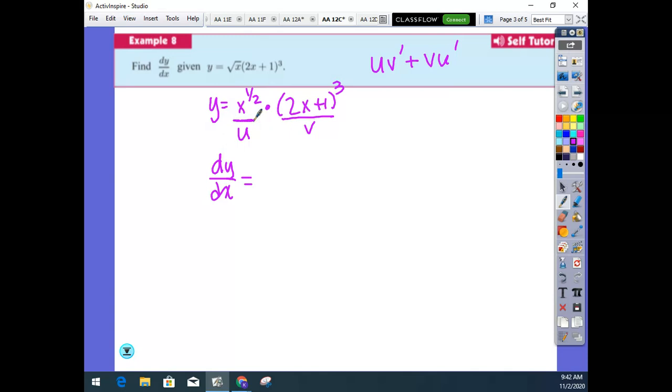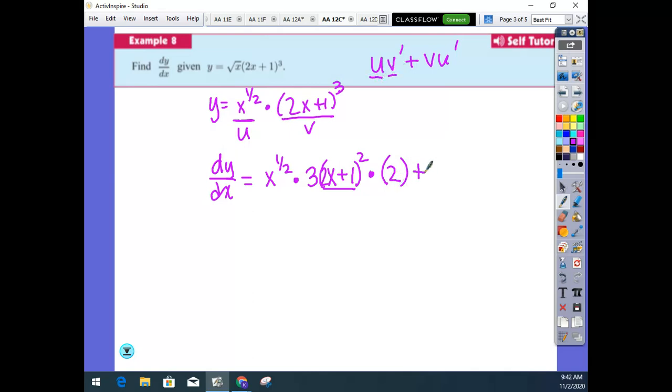So when I take u, I just write this down, times v prime. So I have to do my power first. When I do the power, nothing changes on the inside, minus 1, chain on the derivative of the inside, which is 2. This is my u v prime.